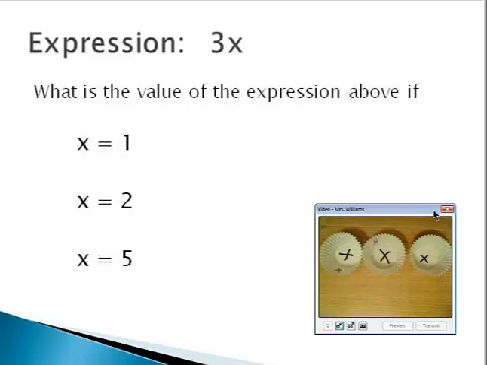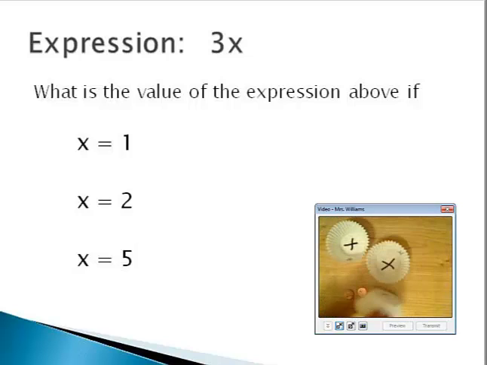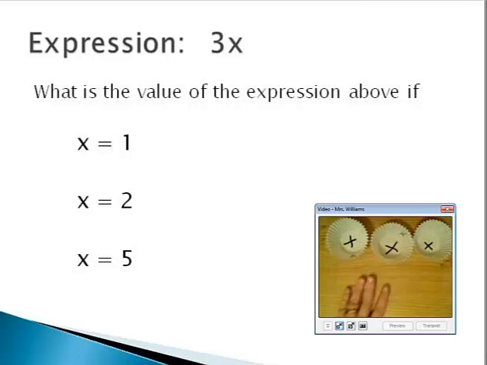So x equals 1 means that each X box gets 1 penny. So let's put 1 penny in each X box. And what is the value of this expression if we have 1 penny in each X box? Let's just empty that. Count the number of pennies we end up with.